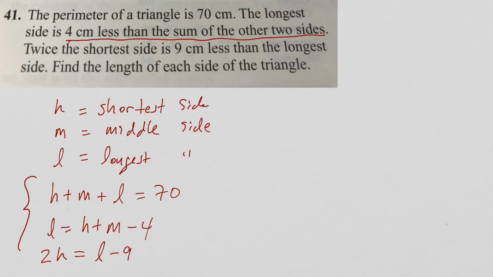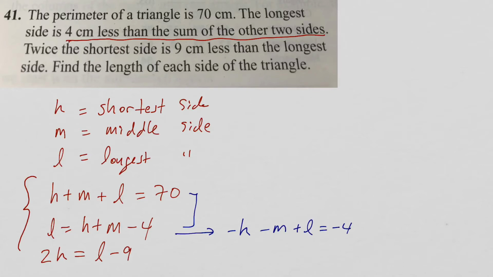All right, so this bottom one does not have an m. So if I can eliminate m using these other two, then I'll have two equations with only two variables. So let's do this. I'm going to move all my variables to the left, and I'll put them in the same order as the top one. So I have negative h minus m plus L is equal to negative 4.